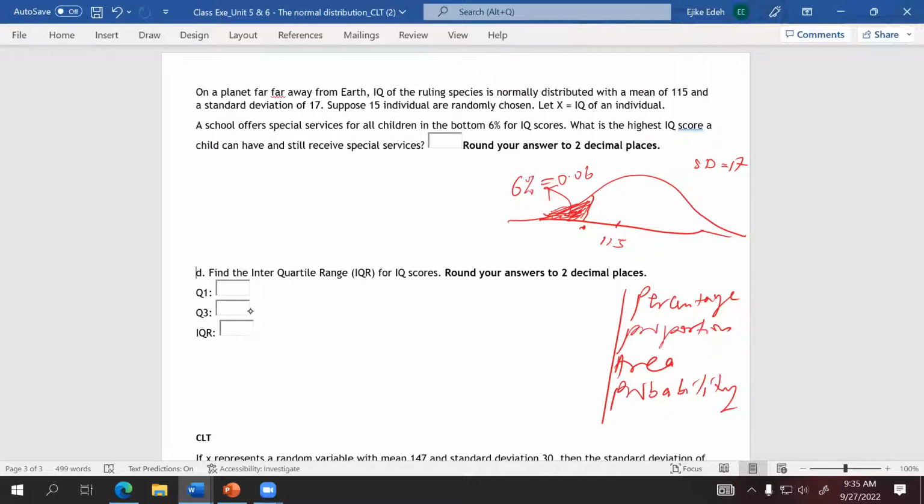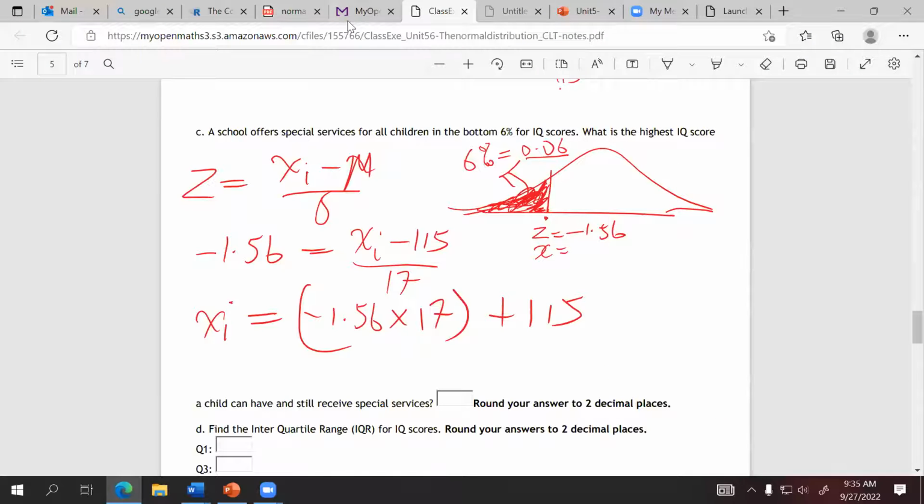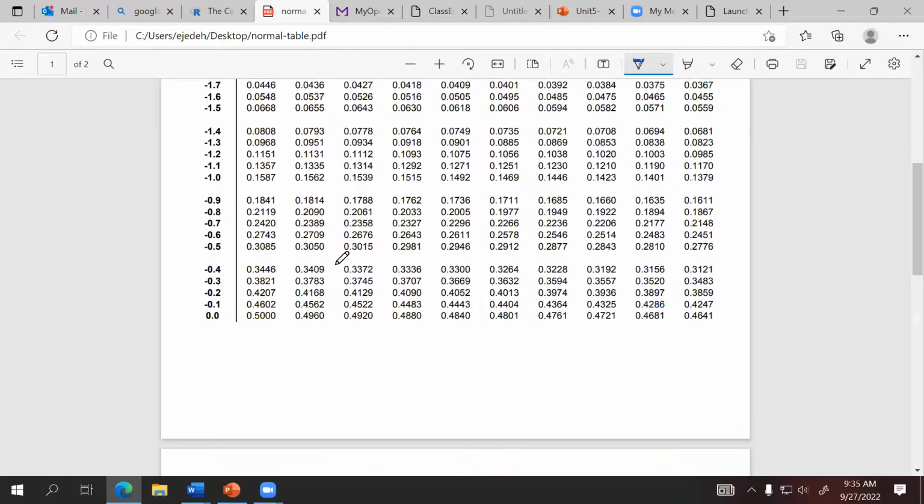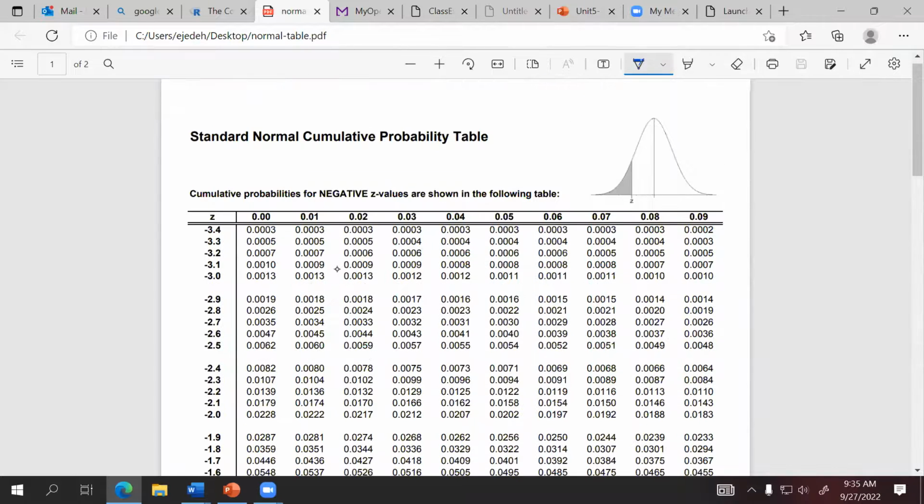The quickest way to do this would be to go to the table. I have it pulled up earlier. So we are looking for shaded area that covers 6%, and 6% is in the first half, so it should be on the negative side of your Z table.